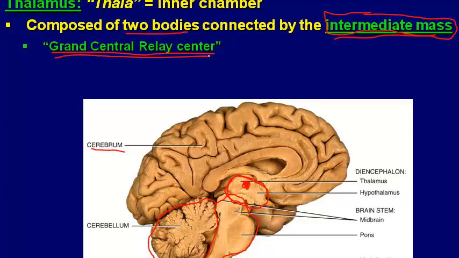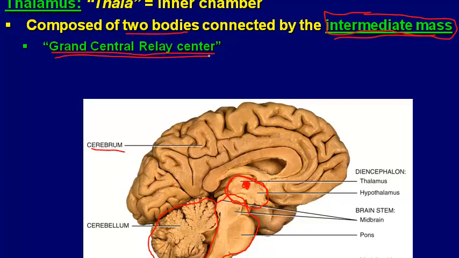What that means is when the brain gets incoming sensory information, it needs to know where this information needs to go, or who can interpret all this information. So the thalamus knows where this information needs to go to be determined, to be analyzed, to be integrated with memories.